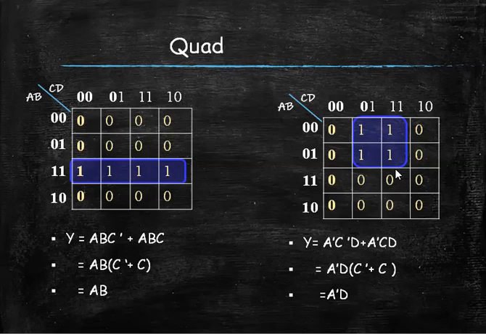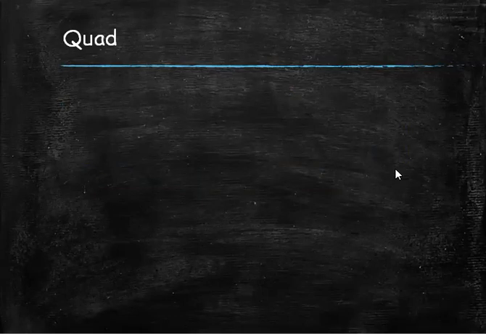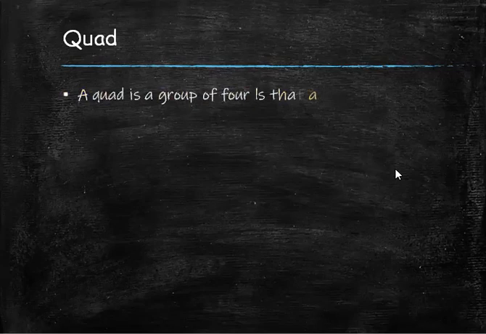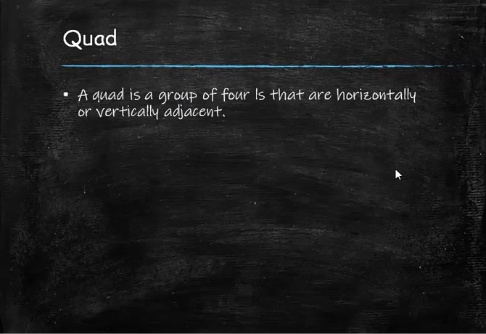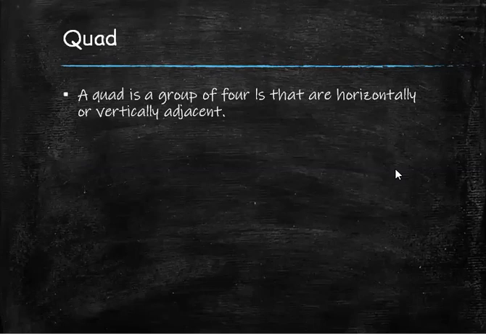Then we are going to discuss more about the quad. A quad is a group of four ones that are horizontally or vertically adjacent.